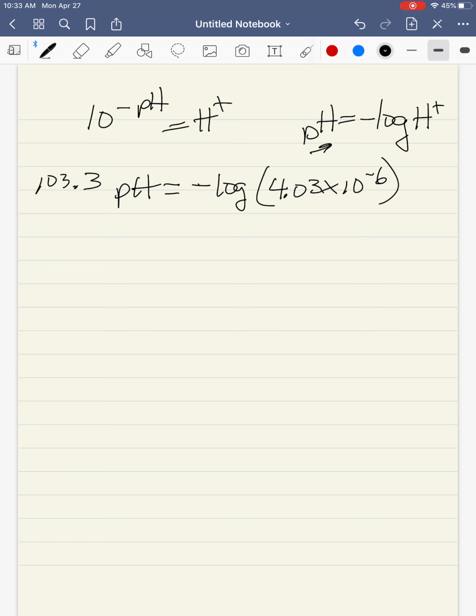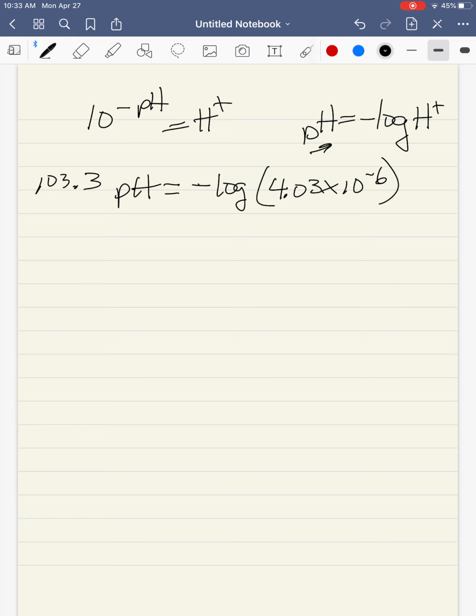I don't have the regular calculator, so I'll have to use this one. I'm going to put minus log of 4.03 with an exponent of, find it on here. This is a different calculator. I'm having a hard time finding where the exponent is.